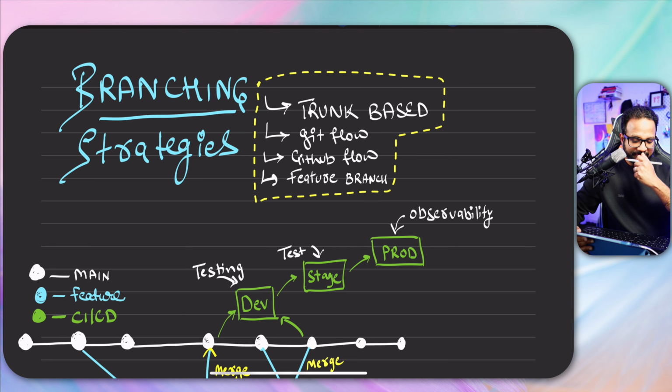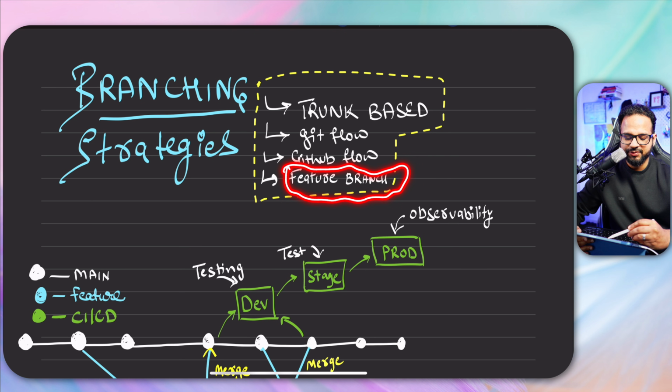So there are different branching strategies: trunk based development, Git flow, GitHub flow, feature branch. Each one of them has a different use case. If you want an in-depth video, I'll create a separate video explaining all the branching strategies. But for now, we will use feature branch.